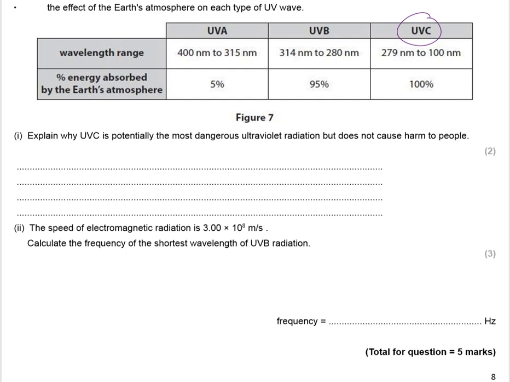First of all, UVC: 100% of it is absorbed by the atmosphere. That's the reason why it's not harmful, even though it's more dangerous, because 100% of it is absorbed by the atmosphere.